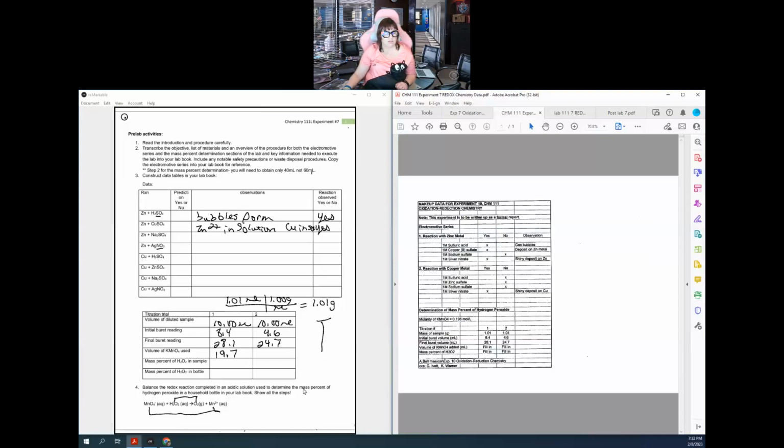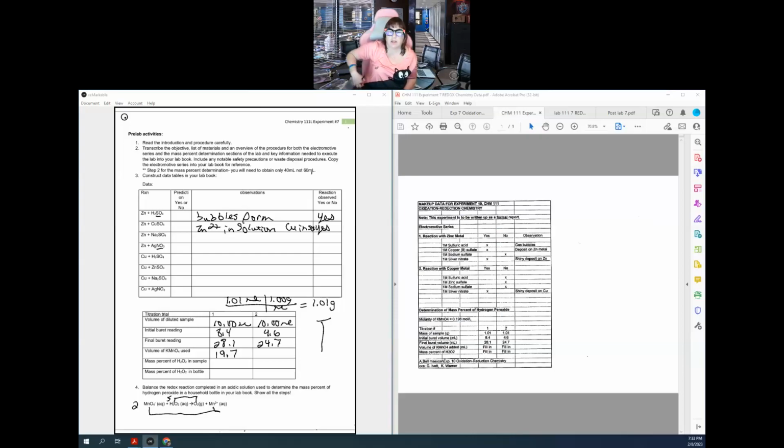Now, if I take and do a tiny little cheat, I see that it is a ratio of 2 Mn to 5 H2O2, and we will need that to do the stoichiometry.